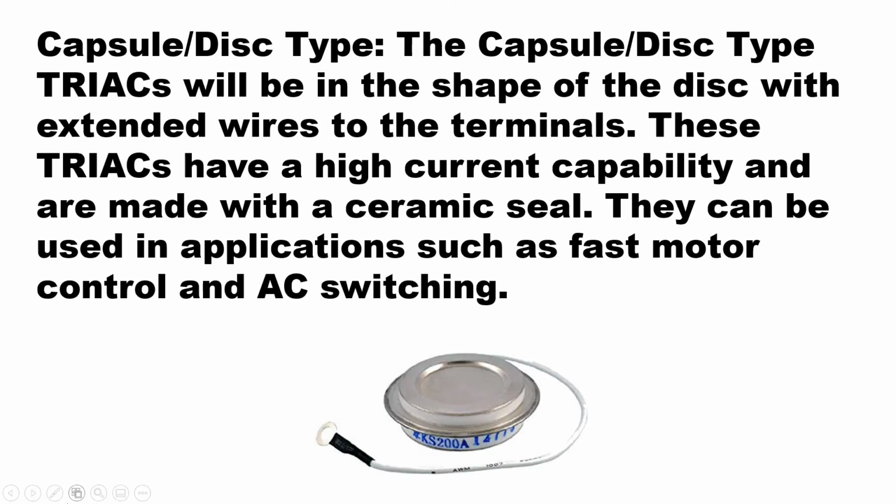Now here students will see the second type, which is called capsule or disc type. This type of triac will be the shape of a disc with extended wires to the terminals. These triacs have a high current capability and are made with a ceramic seal. They can be used in applications such as fast motor control and AC switching.